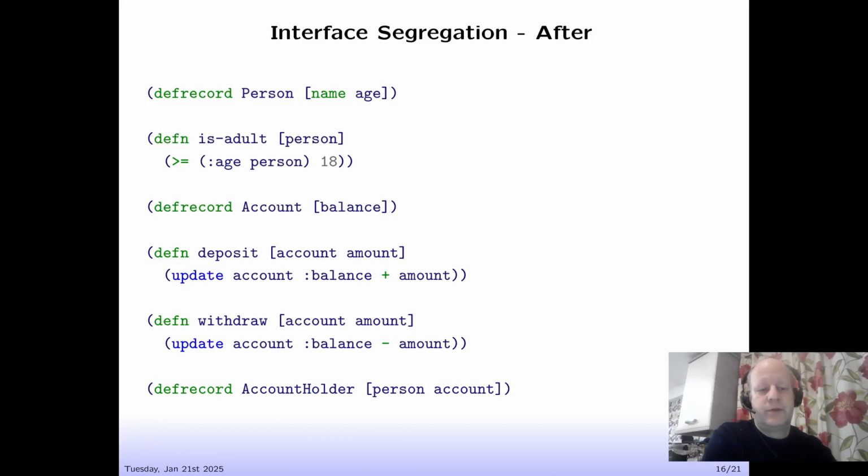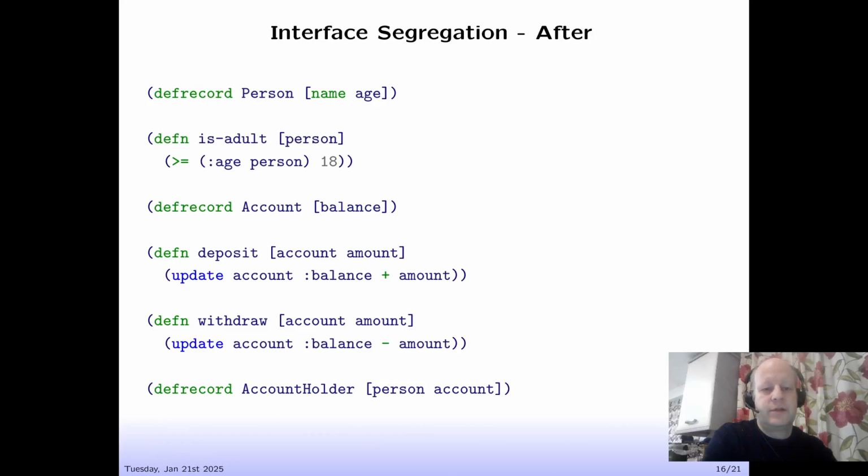So here we have separated the interface into two interfaces. One is the person and the other one is the account. So we've separated person and account, so we can now check whether a person is an adult, and we don't need to supply any account data like balance anymore.